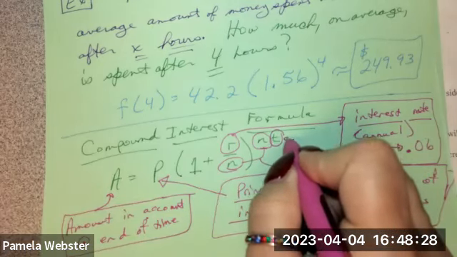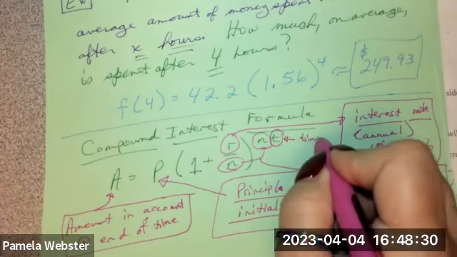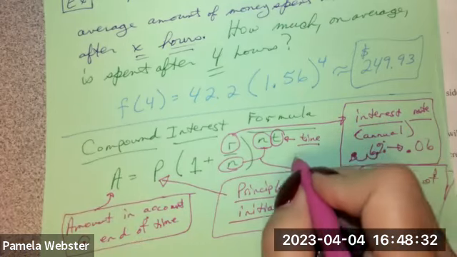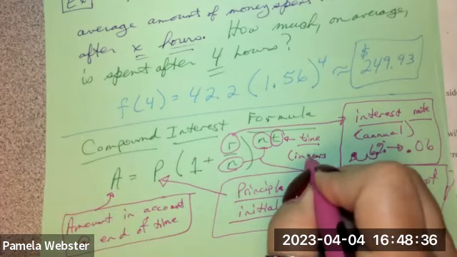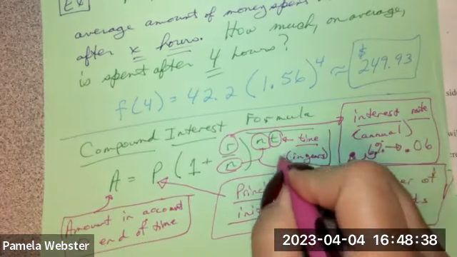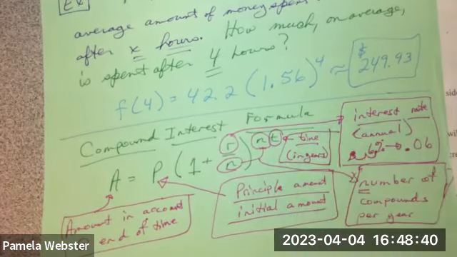All right, and the last variable is T, and probably most of you know T stands for time. And again, this is time in years. So everything needs to be in years when I work it through, okay? So what does that mean? If it says it compounds monthly, and it says that it's for 4 years, then I'm going to say, okay, fine, T is 4.